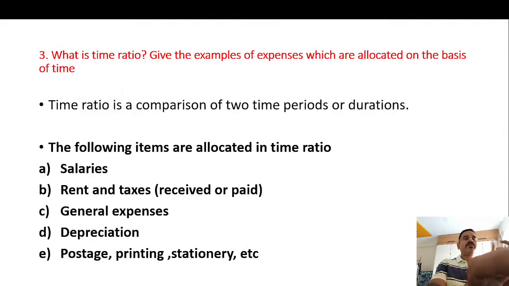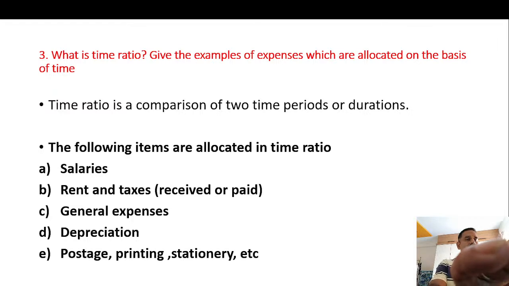What is the time ratio? This question is from profit prior to incorporation. What is time ratio? Give examples of expenses which are allocated on the basis of time ratio. You can give 5 examples on this. Time ratio is a comparison of 2 time periods or durations. If you don't know how to form the meaning, you can write that the prior period is this much and the after period is this much.